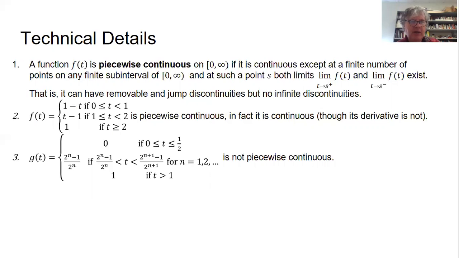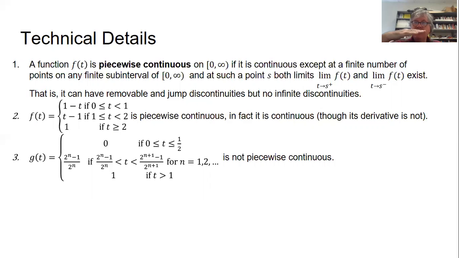Here I've got some kind of complicated piecewise defined function, which is equal to 0 between 0 and a half. It's then equal to a half between a half and 3/4.